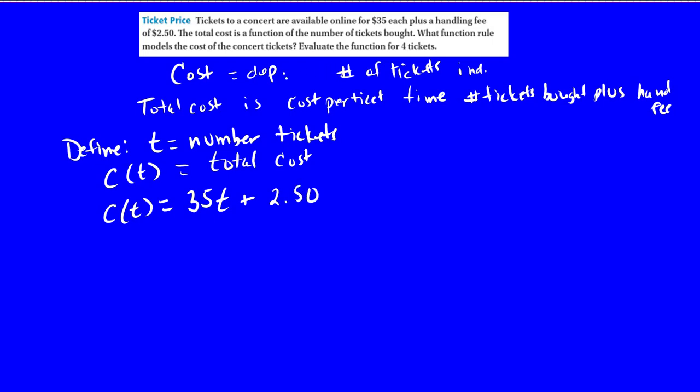Now, we wrote our function here. Now we want to evaluate that function for 4 tickets.